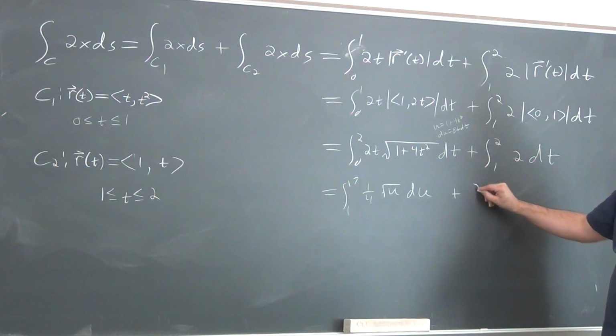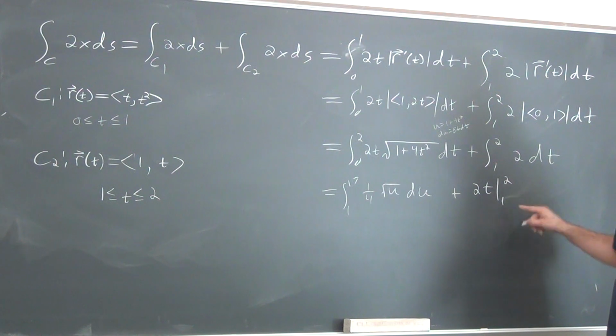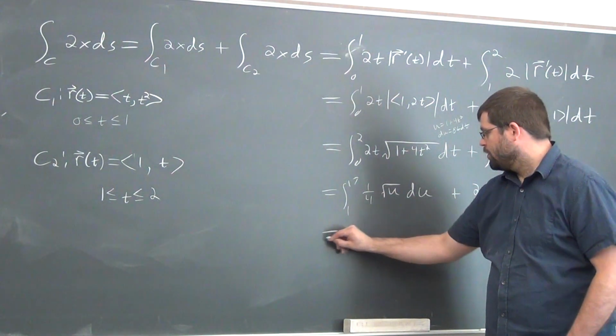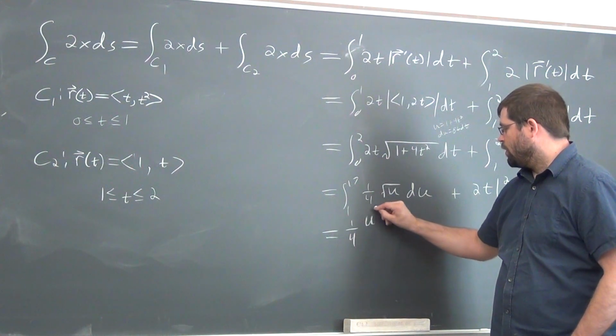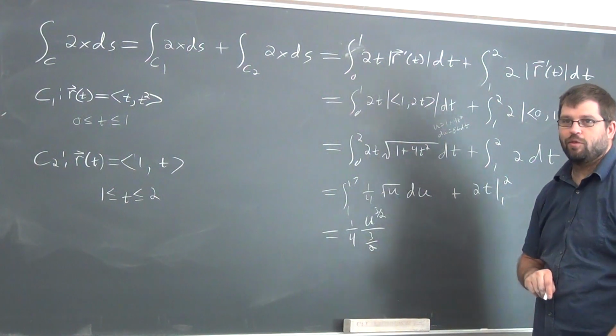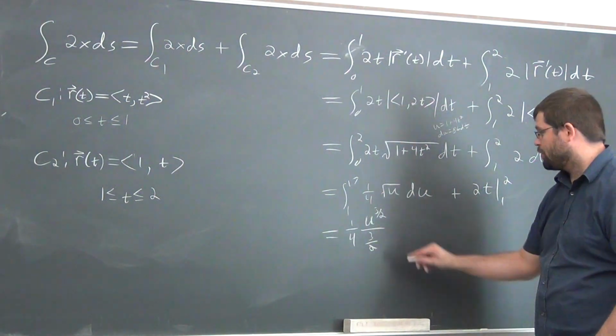What's this one give us? Just 2t from 1 to 2, so it'll be just 2. And then for this one, integrate the square root: u to the 3/2 over 3/2. Probably comfortable enough to clean that up on the first pass.